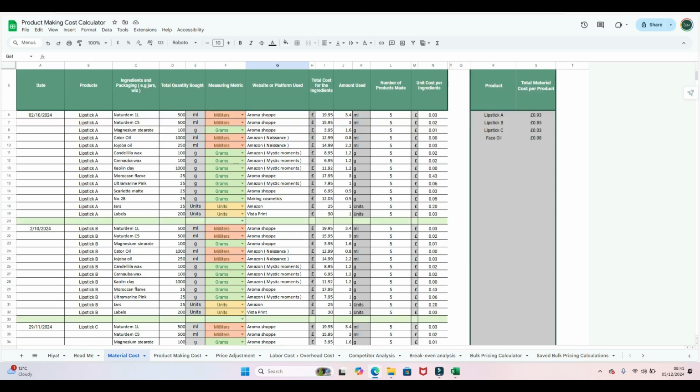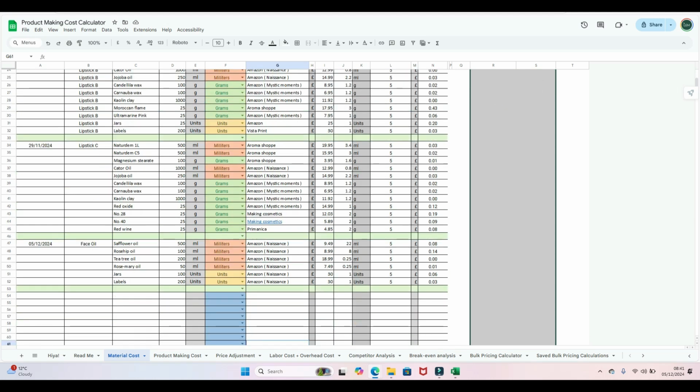I've added the measuring matrix here. For anyone that's making anything that involves liquid, when you buy a product, let's say you bought fragrance on Amazon, and for instance, let's say a peach fragrance, and you bought 1 liter, I would suggest you put it as 1,000 milliliters here, and then you choose the matrix milliliters, because that will help you with your calculations in the future.